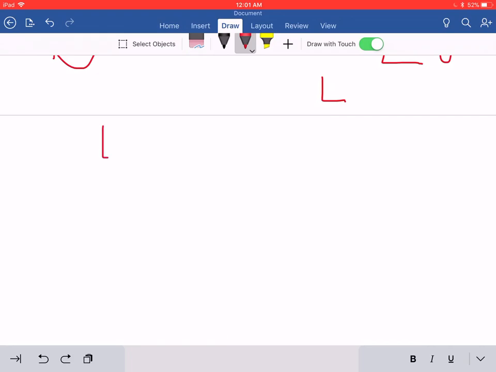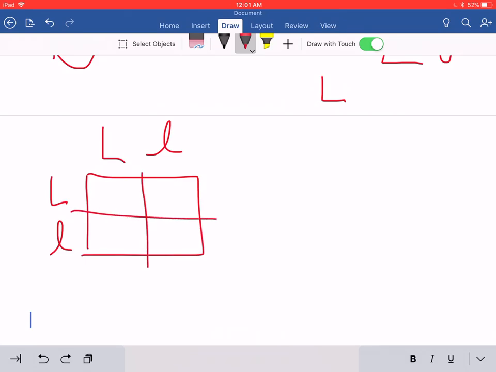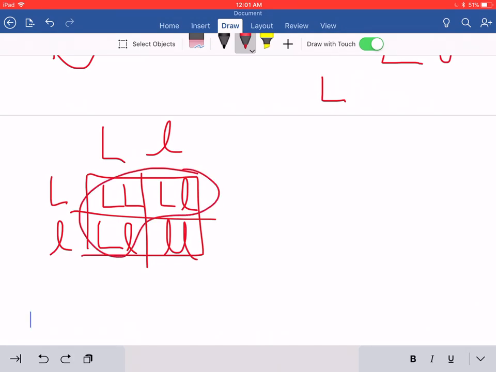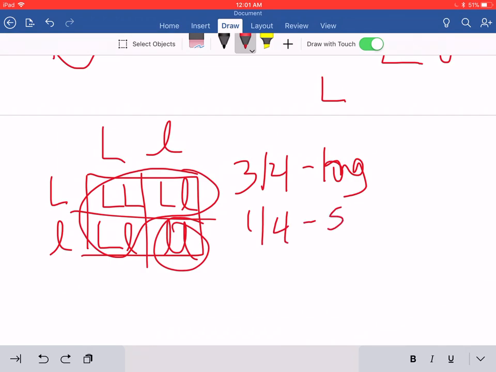So we have a big L, little l, big L, little l. Okay, and so what we see here is that we're actually going to end up with 3/4 that are going to have those long spines and 1/4 that are going to have short spines.